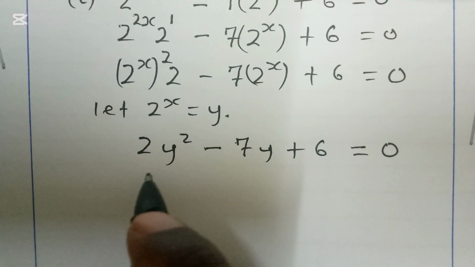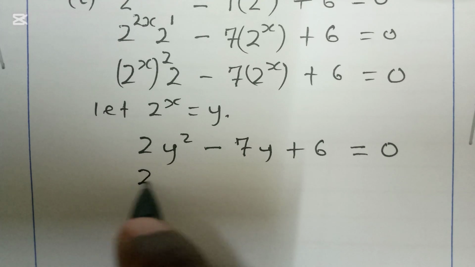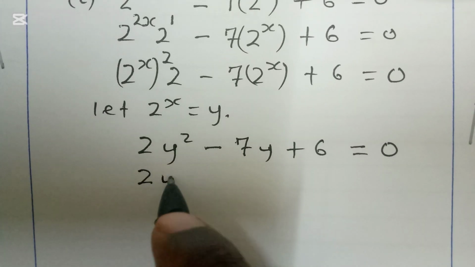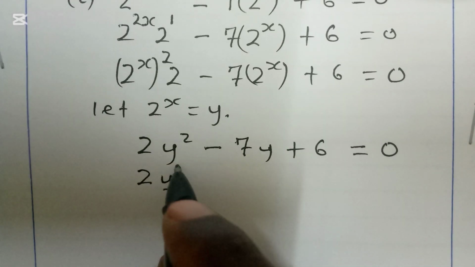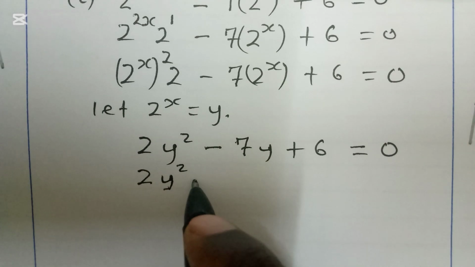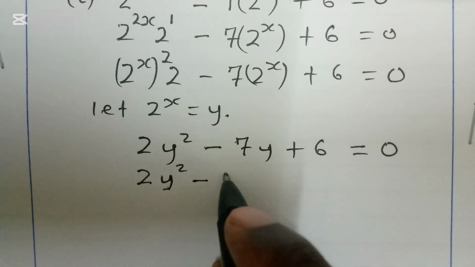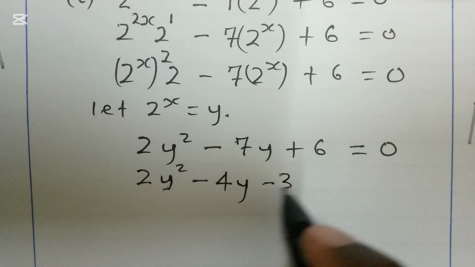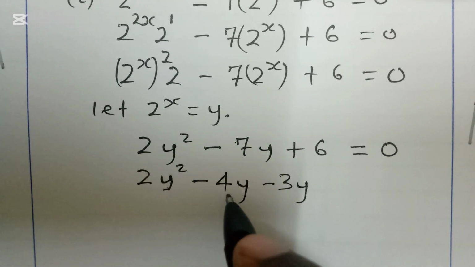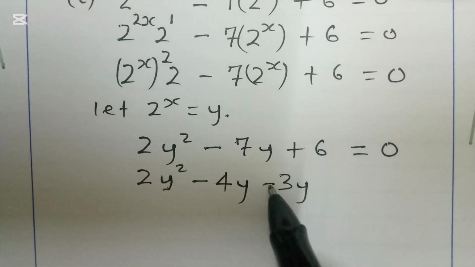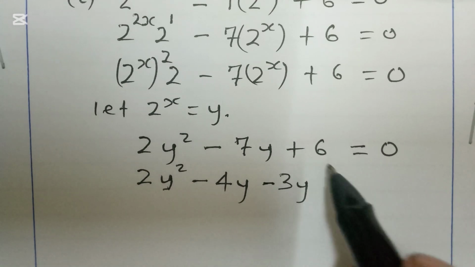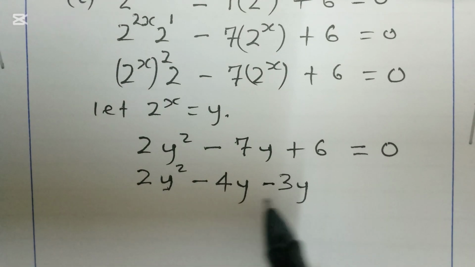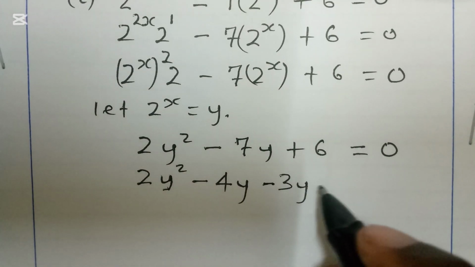Those two numbers are going to be, we are going to put 2y squared there, and the numbers are 4 and 3. That is minus 4y minus 3y, because minus 4 times minus 3 will give us 12. Minus 4 plus minus 3 will give us minus 7.